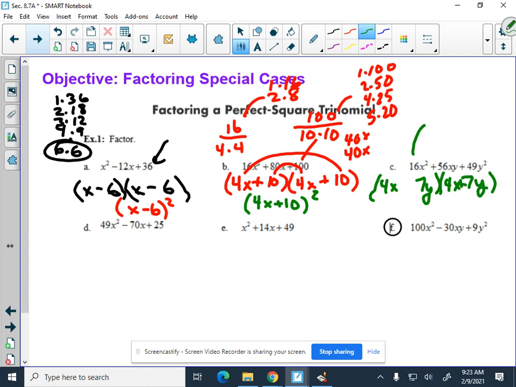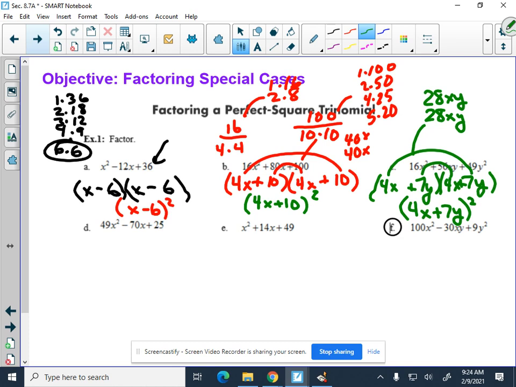Now I'm going to make them both positive. 4 times 7 is 28, and it would have an xy. The next part would be 28 with an x and a y. Those two added together is 56. So that is the value if we factor it. And that's what we get, 4x plus 7y to the second.